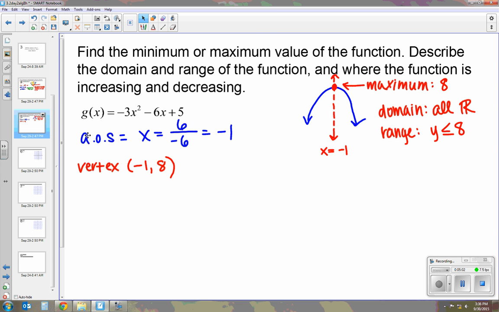Okay? And then we are going to describe where it is increasing and decreasing.